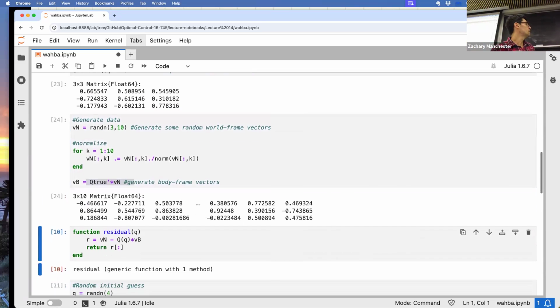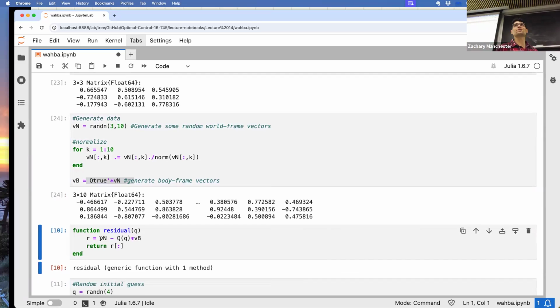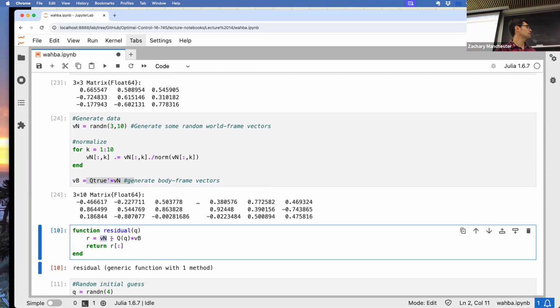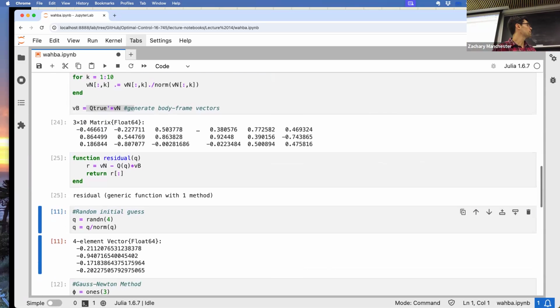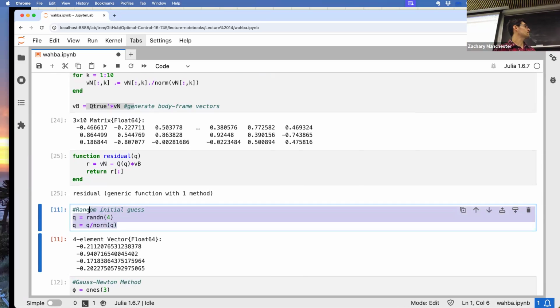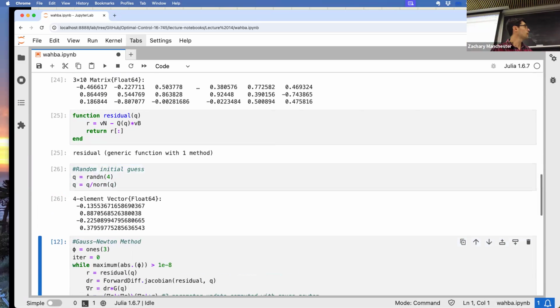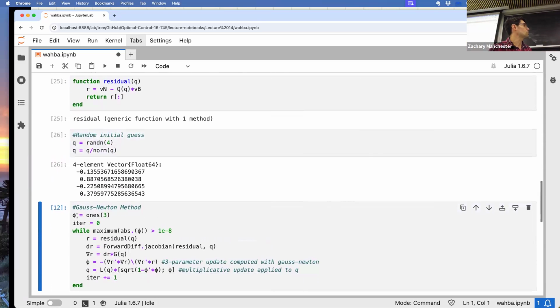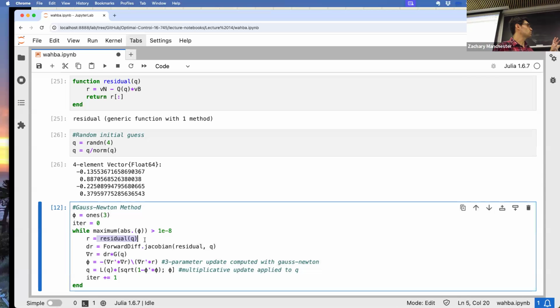Cool. Here's my residual, exactly what we just wrote down. It's the inertial frame one minus the body frame one rotated by our Q. Return that whole thing stacked up. I'm going to make a random initial guess, again just generating another random unit quaternion. Then here's my Gauss-Newton method. By the way, another good reason for this whole attitude Jacobian thing is that it plays nice with autodiff. So here's the algorithm: make a random guess, compute my residual.